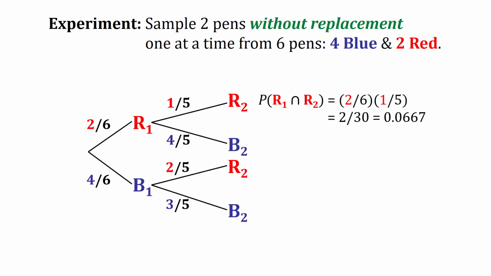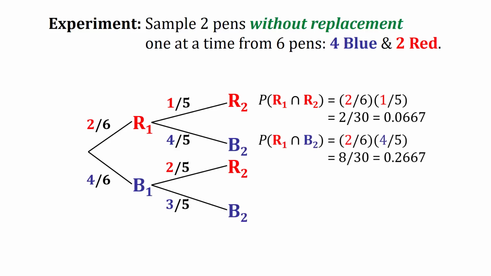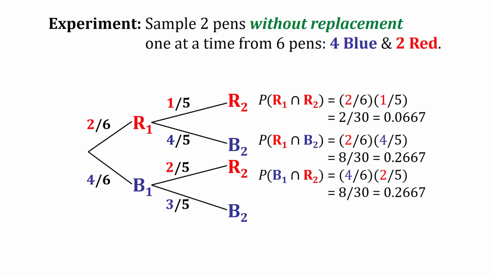And I can do this for the other 3 possibilities. Probability of pulling a red pen out and then a blue pen, R1 intersection B2, is just 2/6 times 4/5. A blue first and then a red is 4/6 times 2/5.